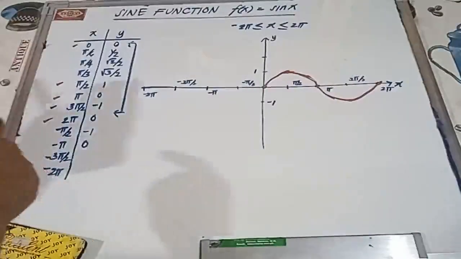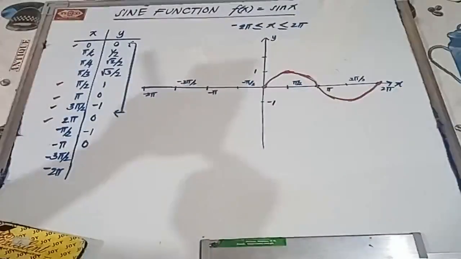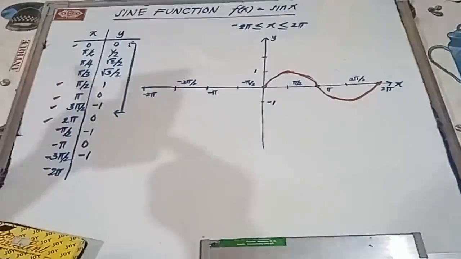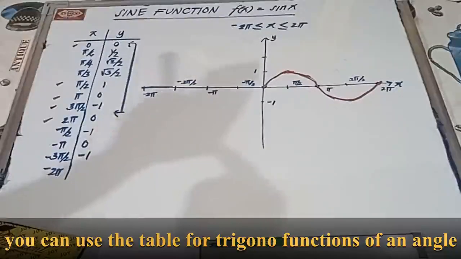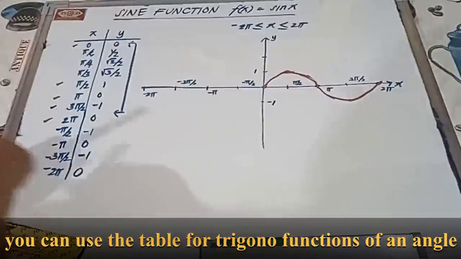Sine negative 3 pi over 2. So that is 270. Sine negative 270 degrees is 1. Sine negative 2 pi or sine negative 360 degrees is 0. Okay. So isang cycle na naman.